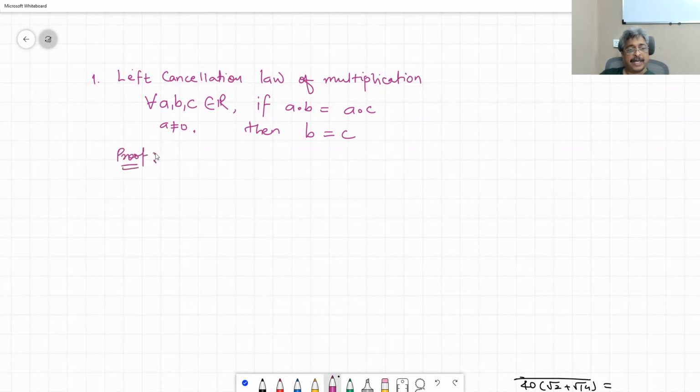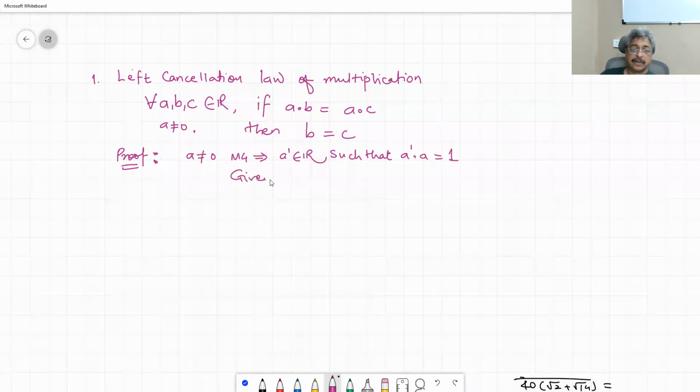Now you can write the formal proof systematically, but without wasting time: because a is not equal to 0, M4 gives me a dash belonging to R such that a dash into a is equal to 1.